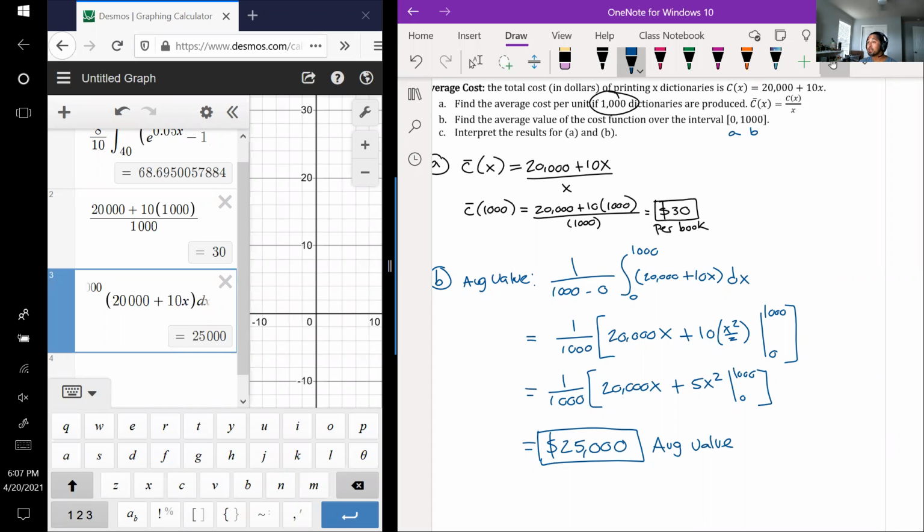Maybe we thought it would be 30 times 1,000, so 30,000. But of course, there could be other factors at play here. So as long as those are in the area. Again, if we make 1,000 dictionaries, it should be around $30 per book, and the average value will be around 25 grand.